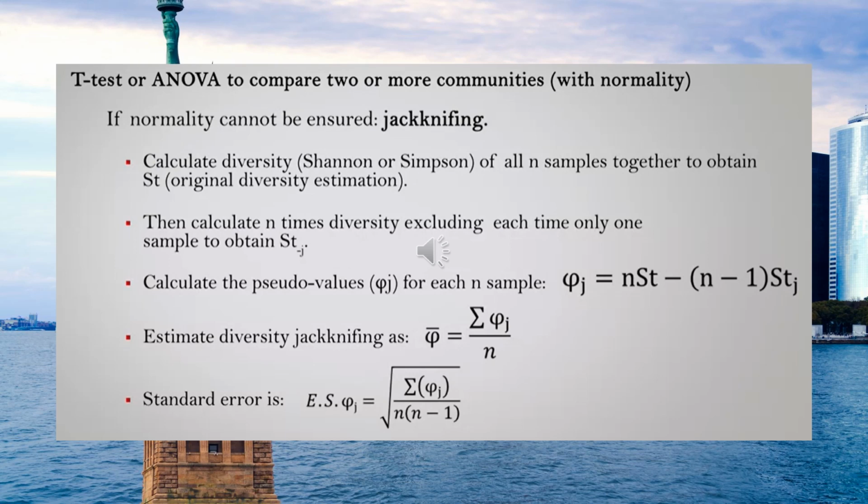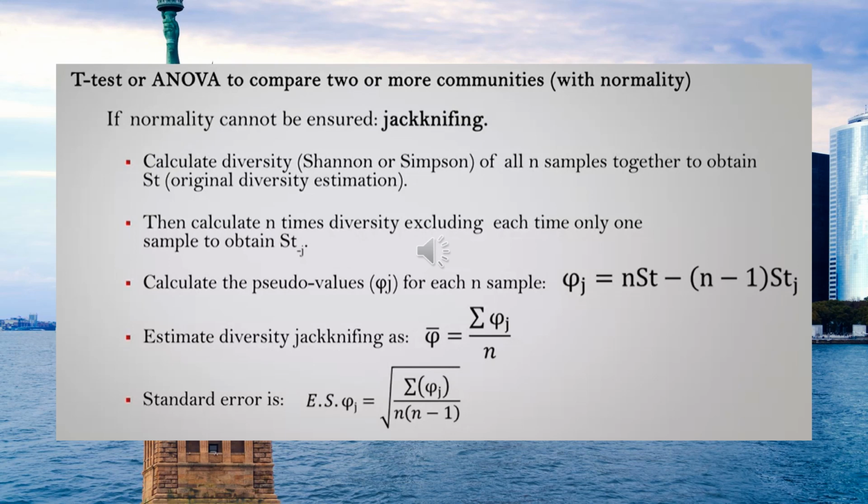If normality cannot be ensured, then we have to take the help of the jackknifing process. Now, to use the jackknifing process, which is very simple, we just need to calculate the diversity, either the Shannon or the Simpson. Any one will do.